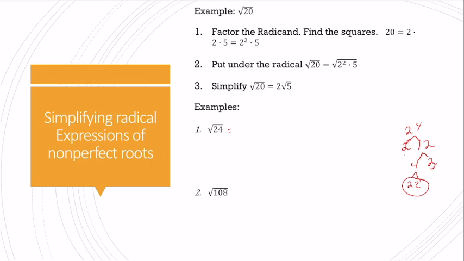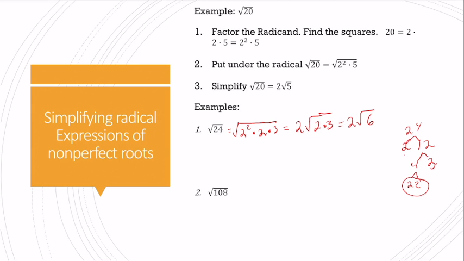So I can pull this apart. This is going to give me the square root of 2 squared times 2 times 3. Remember, square roots cancel squares. So I'm left with 2 square root of 2 times 3. I'm going to go ahead and write that as 2 square root of 6, because 2 times 3 is 6.